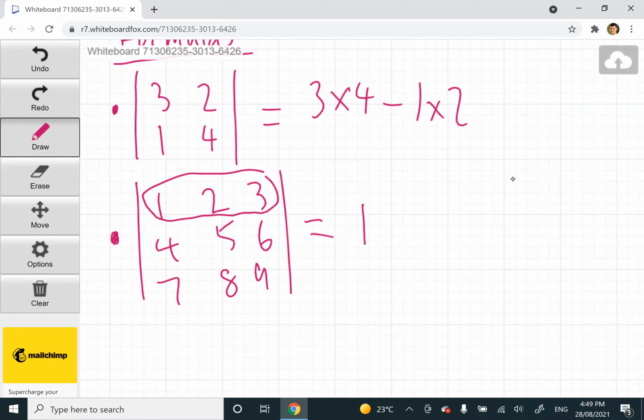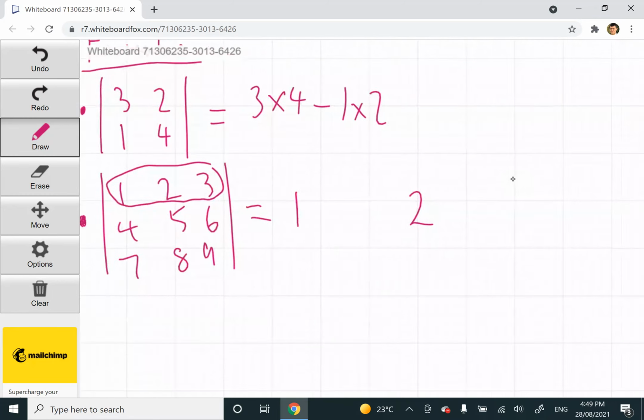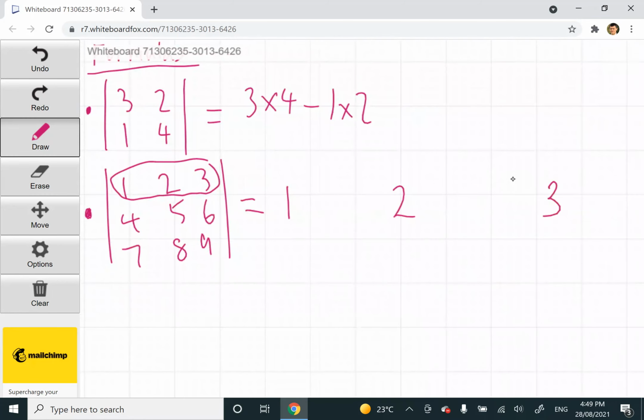You take 1, 2, and 3 with alternating signs, and you multiply them by these 2 by 2 determinants.